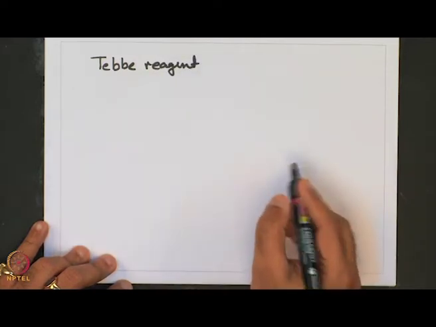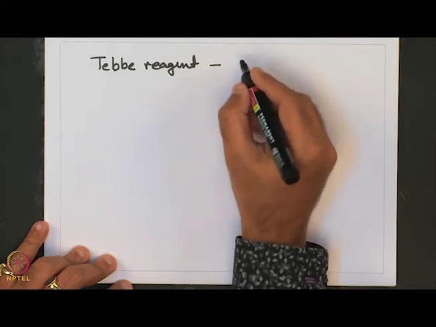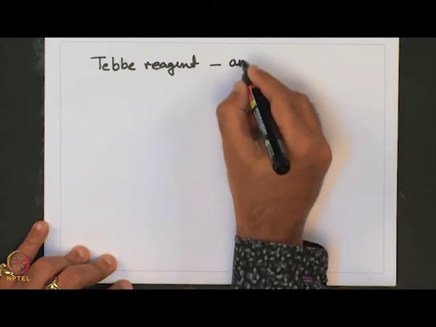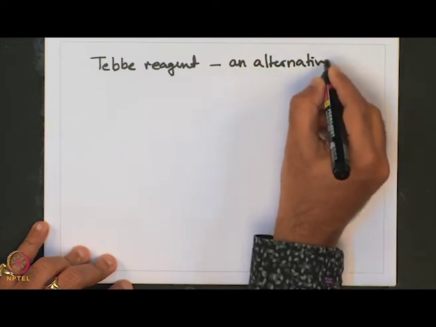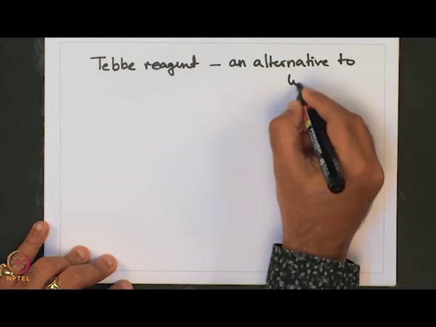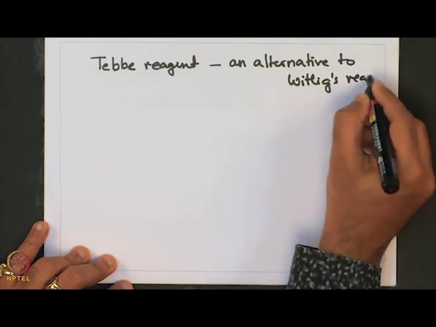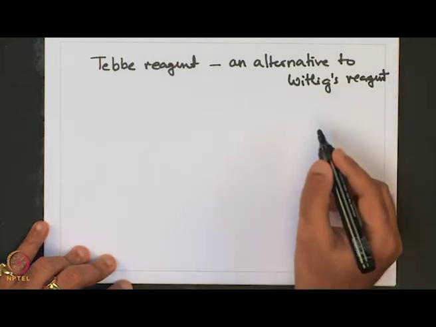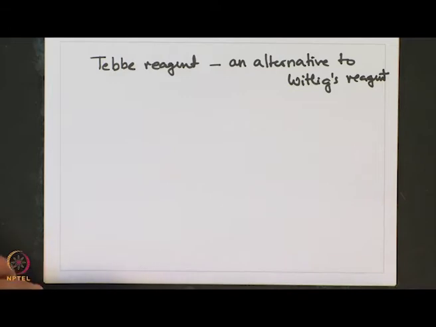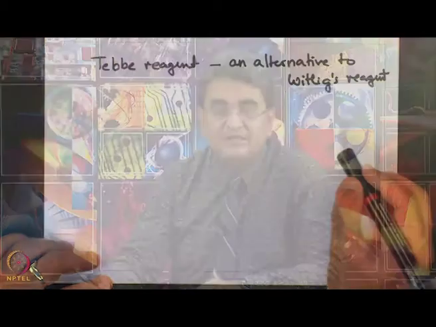This Tebbe reagent is seen as an alternative to Wittig's reagent, and we are going to see in what way they parallel Wittig reagent and in what way they go beyond Wittig reagent.